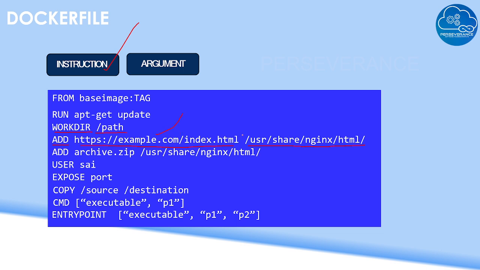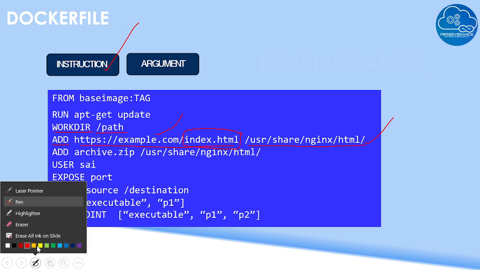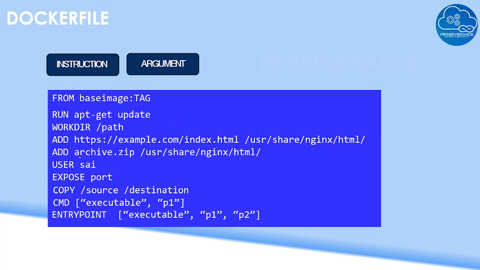Under that, we have an index.html file. It is trying to download that file and place it under usr share nginx html. You got it, right? Fine, perfect. ADD also helps us with copying or downloading zip files and extracting them under any directory. Automatically it will extract.